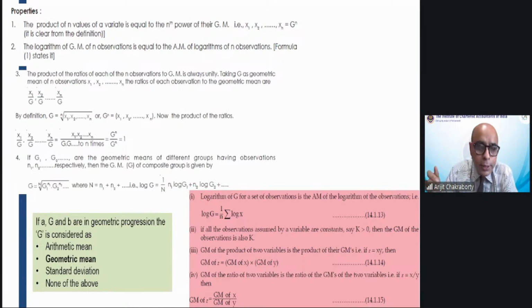If G divided by A equals B divided by G, you go for a cross multiplication. You find G square is equal to A into B, which means G is the square root of A and B. And this is precisely the definition of geometric mean. So here G will be the geometric mean.